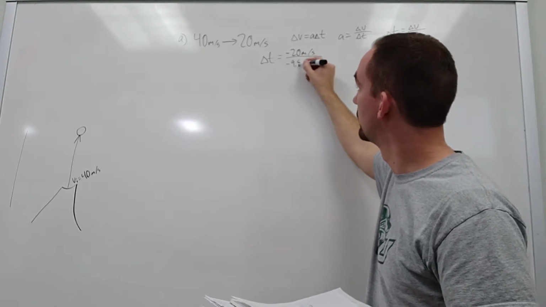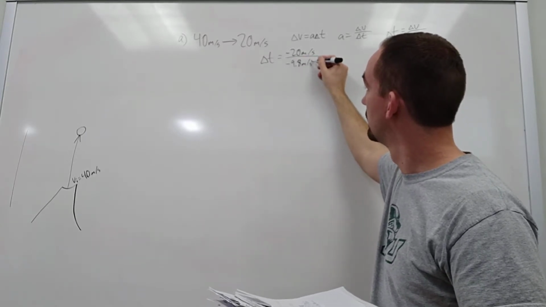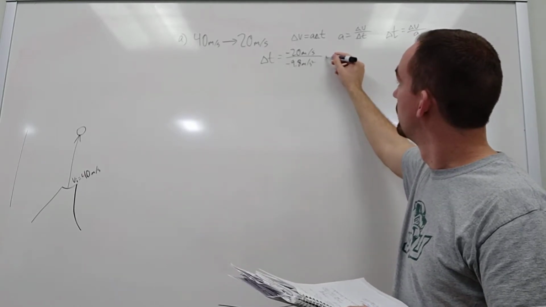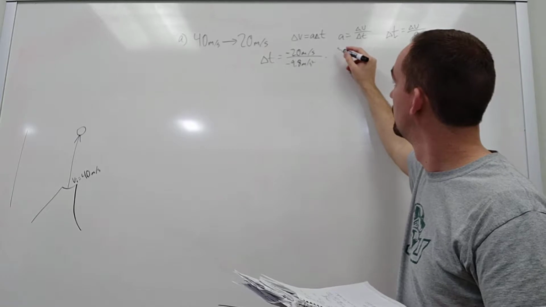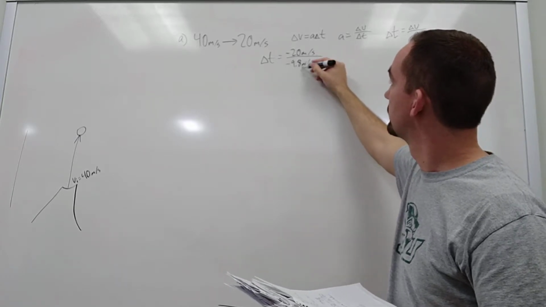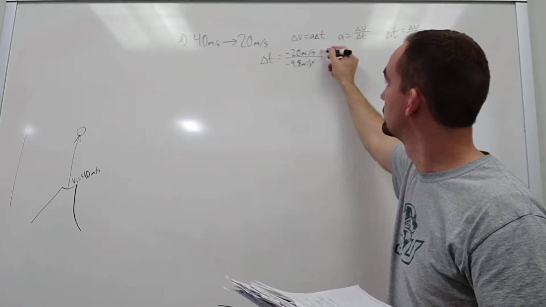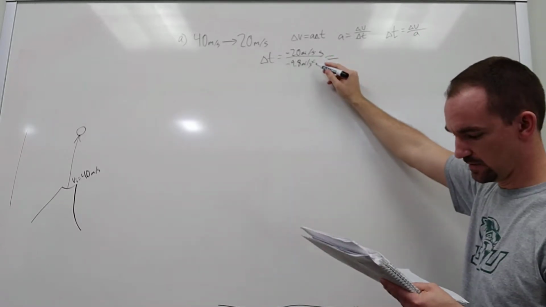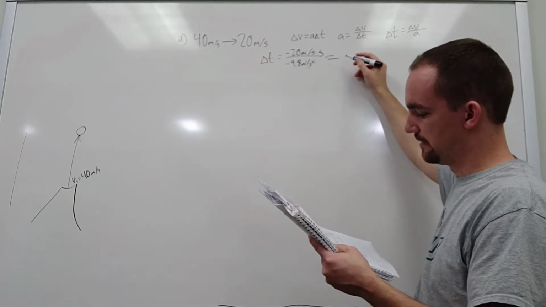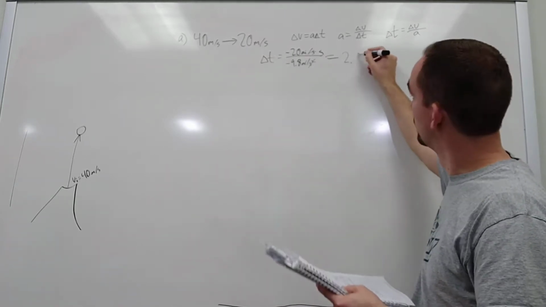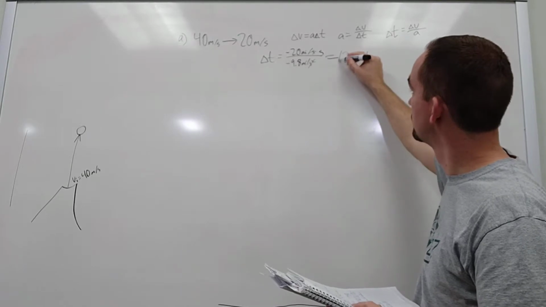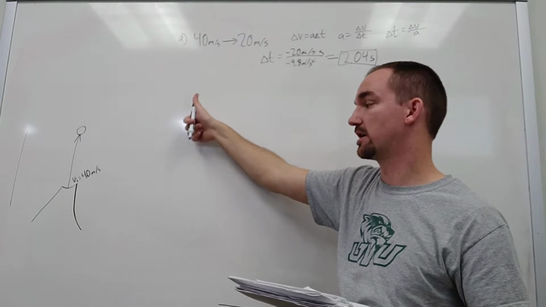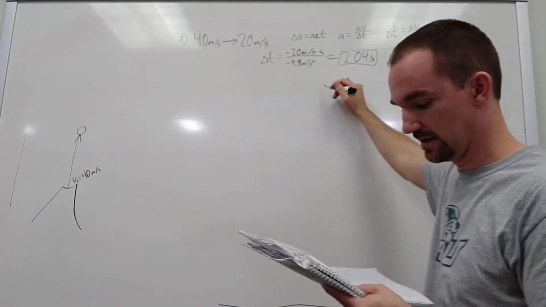So negative 9.8 meters per second squared. And when you cancel out the units here, you end up with just seconds, which is perfect. So our change in time, when you do that simple equation, is 2.04 seconds. So that's how long it takes to go from 40 meters per second in the upward direction to 20 meters per second in the upward direction, and that's the answer to A.